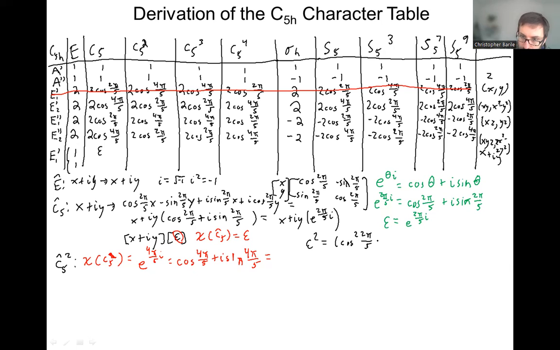Well, i squared is -1, so minus sine squared 2 pi over 5. And then we have these other components, which are these off diagonal terms. They're the same when we square this. I'm taking epsilon squared, so we have 2i cosine 2 pi over 5 times sine 2 pi over 5.